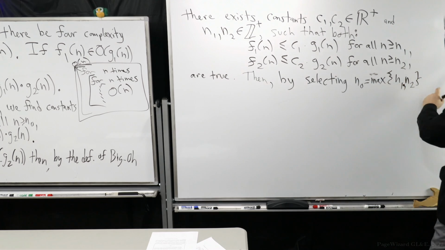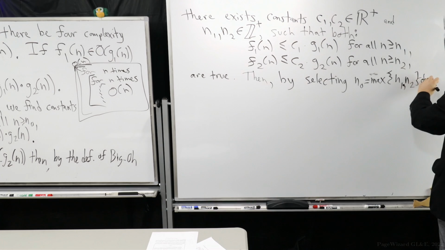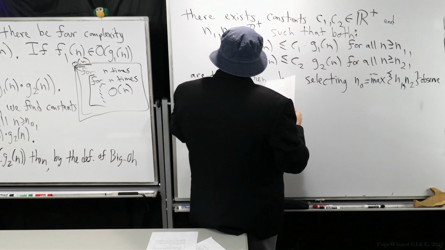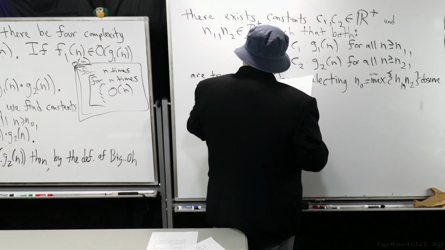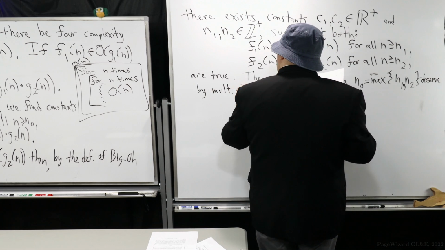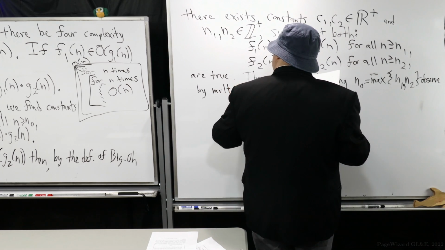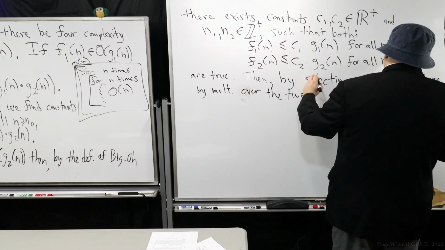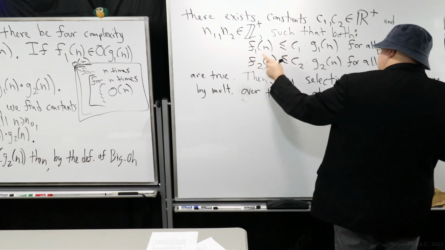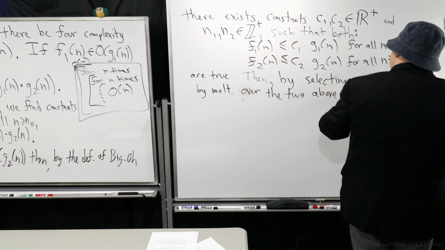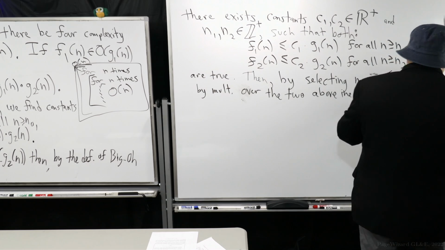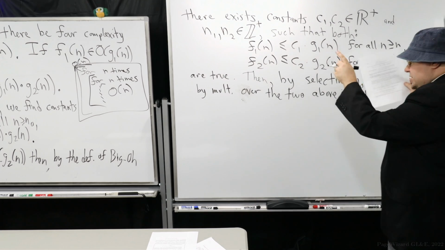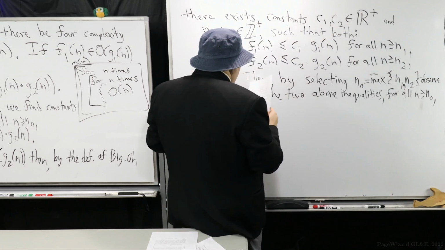And I observe, by multiplying over these two above inequalities, for all n greater or equal to n0, because I made n0 big enough, I can use these two facts.